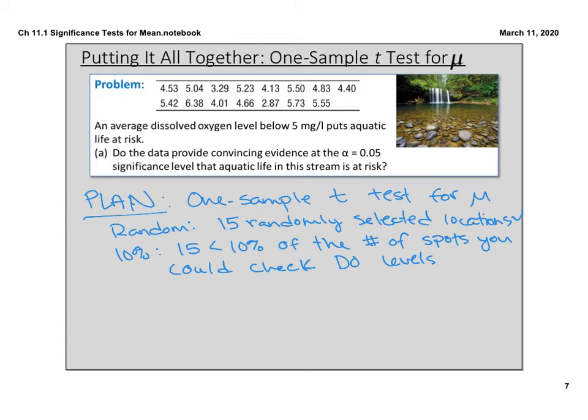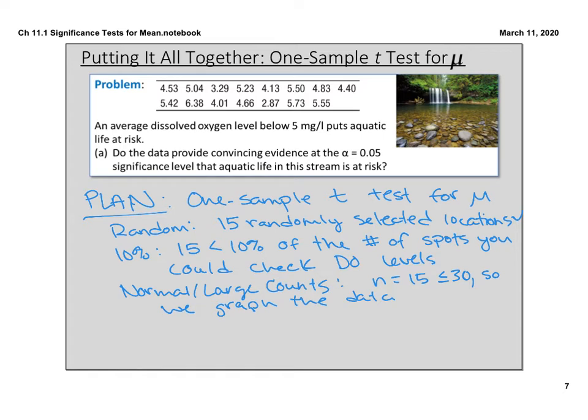Okay, so now let's talk normal large counts. You probably noticed already that we have a sample size of 15. So n is equal to 15, which is less than or equal to 30. So we check a graph. Now, there's a lot of ways that you can graph this.